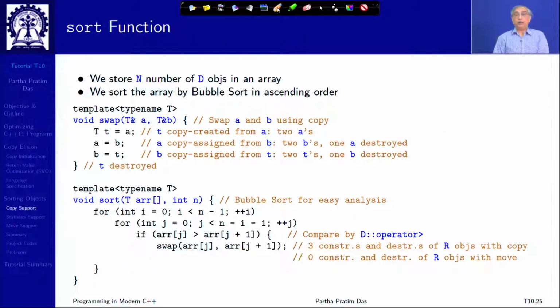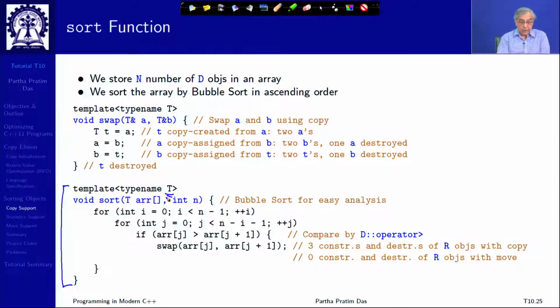Now, to do the sort function, what do we need? This is the bubble sort function. It assumes that the data values are of type T, and the rest of it is the bubble sort function, which you know, so I am not going to explain. The reason I have chosen bubble sort is it is easy for analysis, and I am going to construct a worst case for bubble sort, that is, elements are sorted in a certain order and I want to sort them in the opposite order.